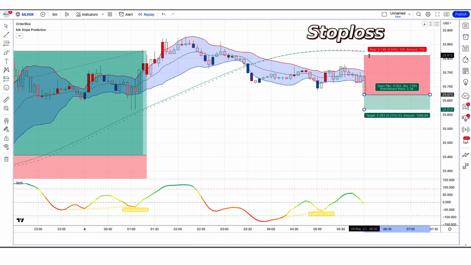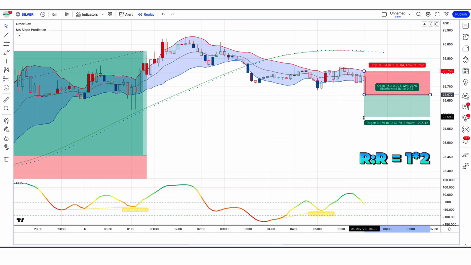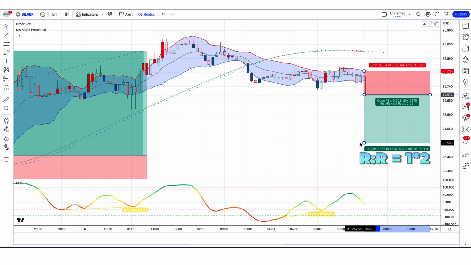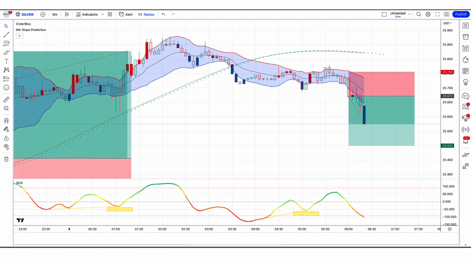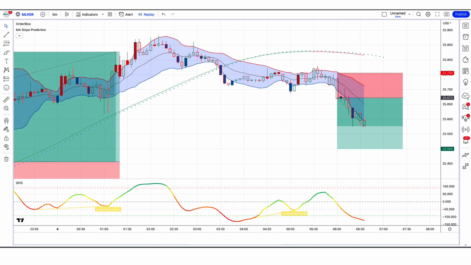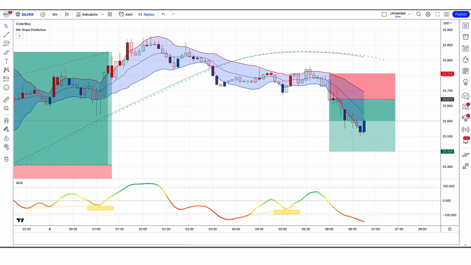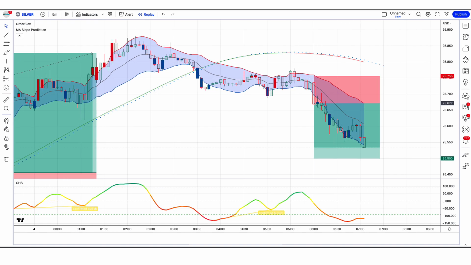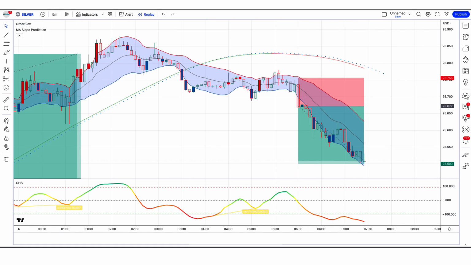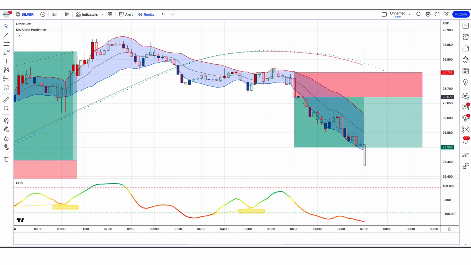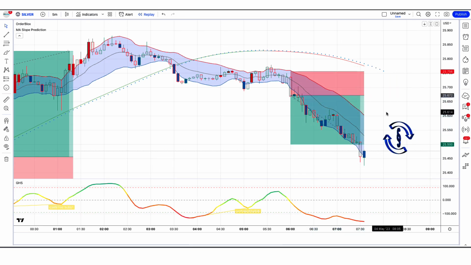Our stop loss will be placed at the higher level of the order blocks indicator, and the risk to reward ratio will be 1 to 2. The market has completely hit our target.